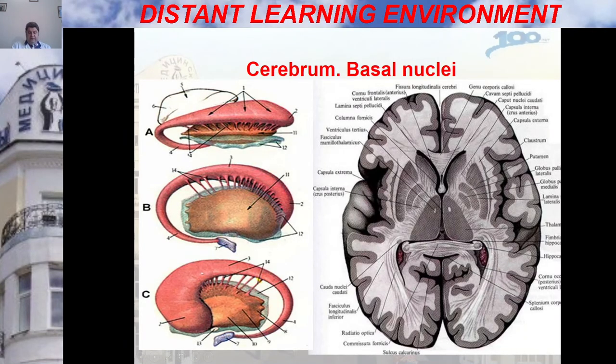It's separated from the putamen by a thin layer of white matter. You may see this white matter here, and it is called the external capsule. And it's separated from the cortex of the insula by thin white matter, which is called the extreme capsule.